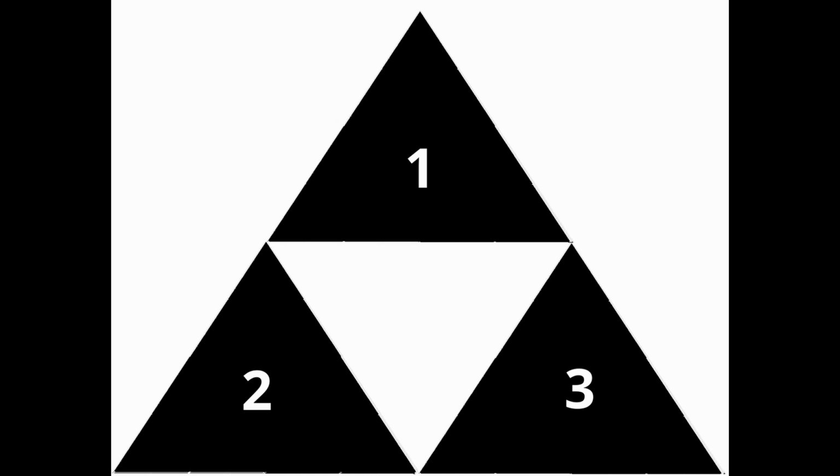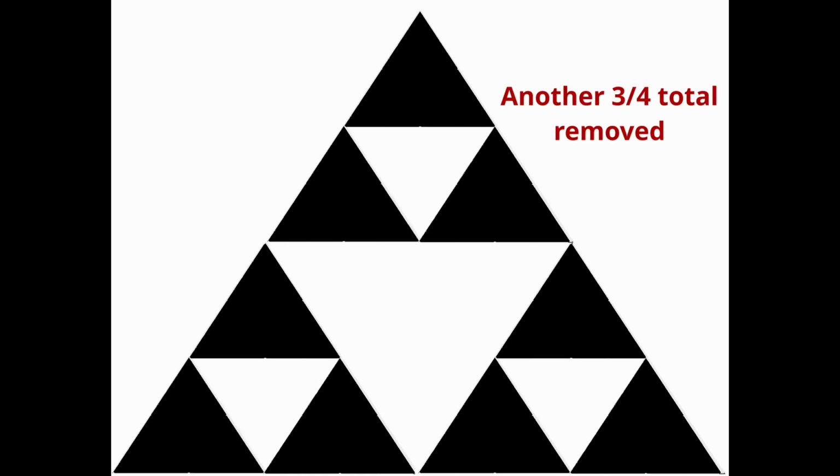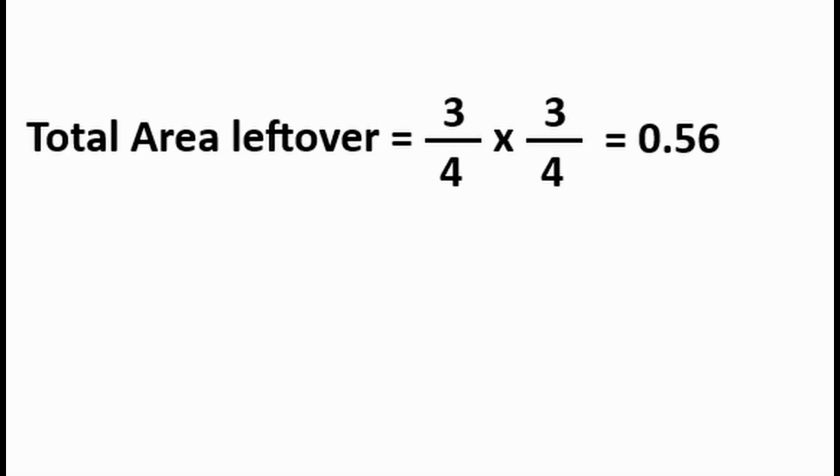Next, we have 3 triangles left that are smaller versions of the original triangle. Now we remove the quarter middle sections from those. That will remove another 1/4 of what area is left. So the total area left now will be 3/4 of the 3/4 we had from the first step. 3/4 times 3/4 equals 0.56.